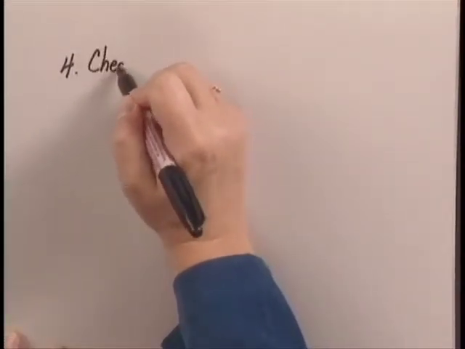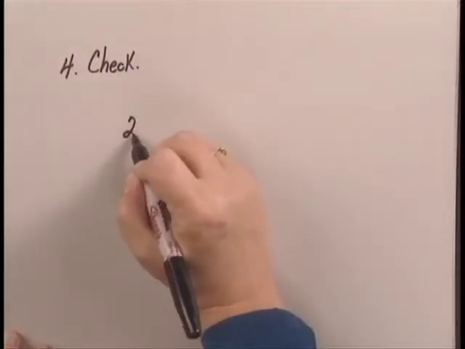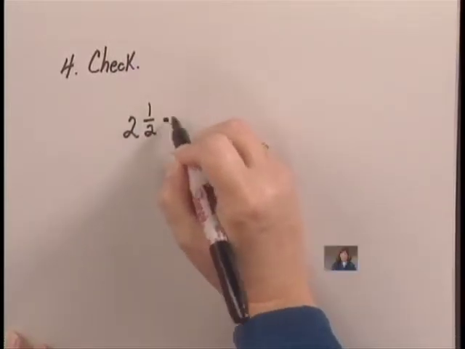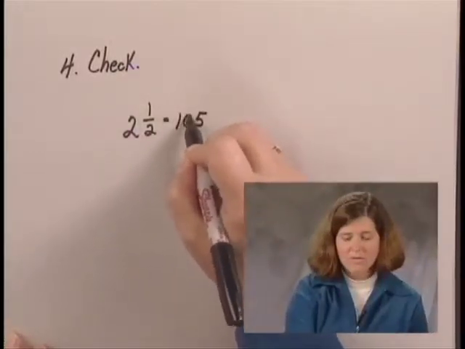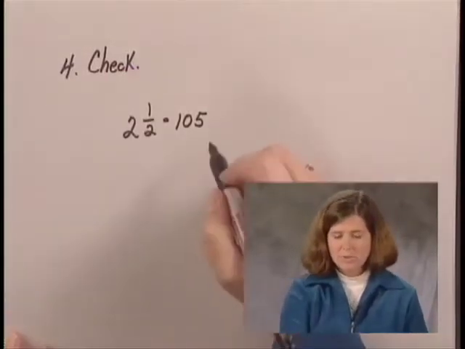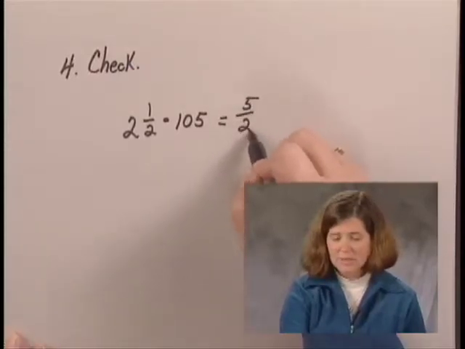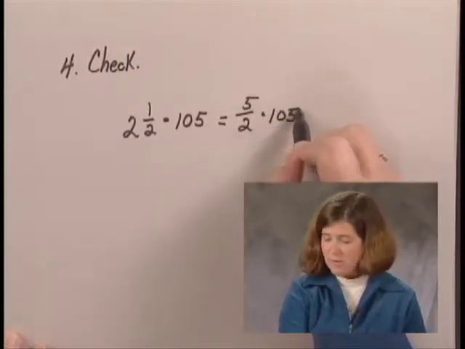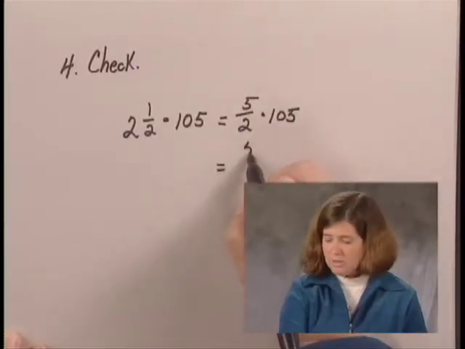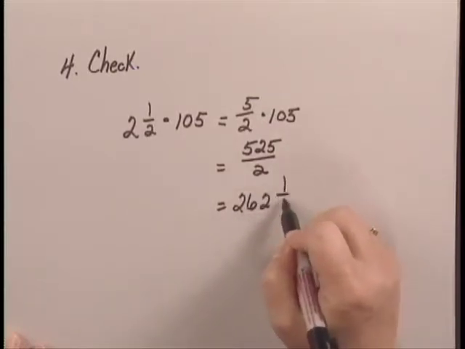And here we have a really good way to check because we divided to find the answer, so we can multiply to check. If we take 2.5 and multiply that by 105, we should get about the amount that he lifted. So 2.5 times 105 is 5/2 times 105, which is 525 over 2, which is 262 and 1/2.